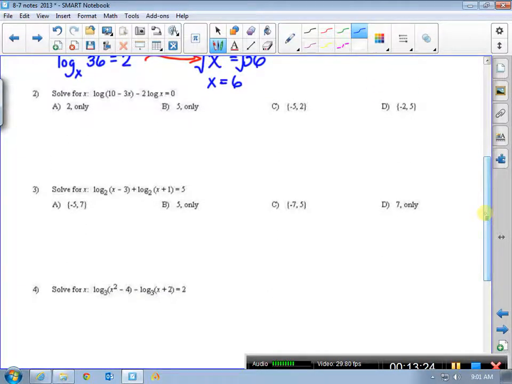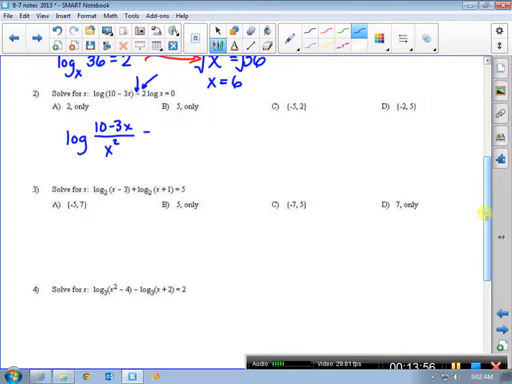Number 2 looks a little more fun. We've got, on the left, 2 logarithms, subtracted this time. And we have a 2 in front of this second one. So let's condense those into 1 logarithm. Subtraction means I was dividing. And that 2 is an exponent for the x.